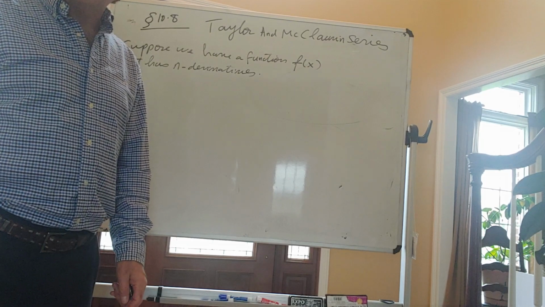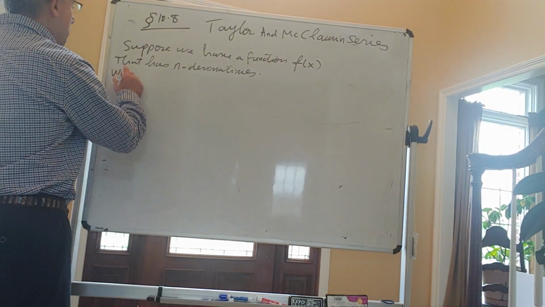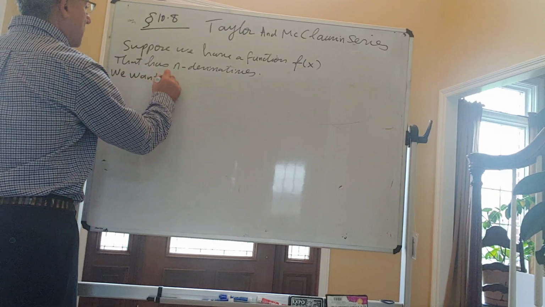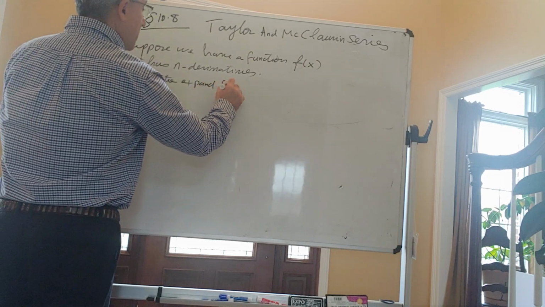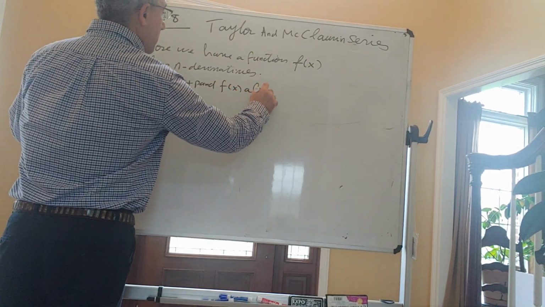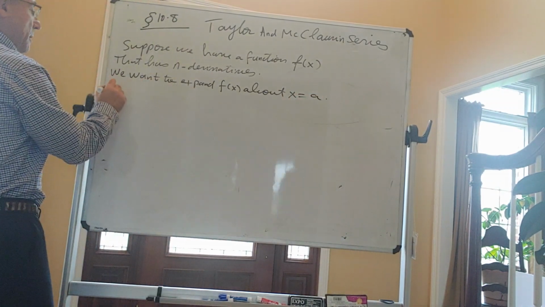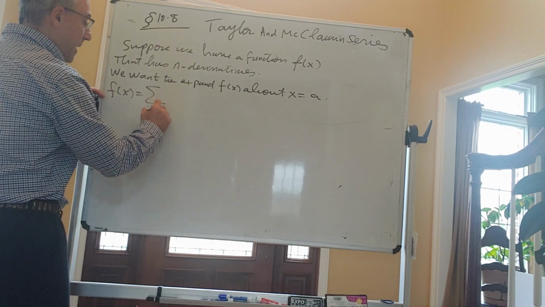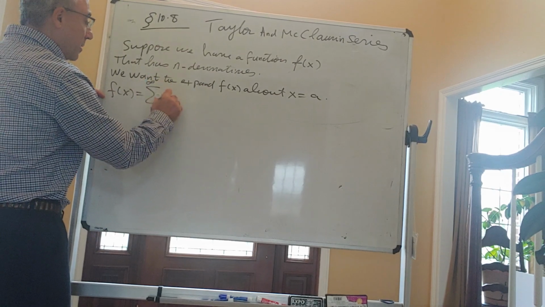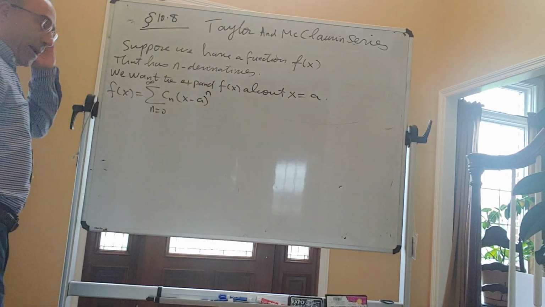And let's say we want to expand this function about x equal a. So we want to write it as f of x equals the sum from n equals 0 to infinity of c_n times (x minus a) to the power n.